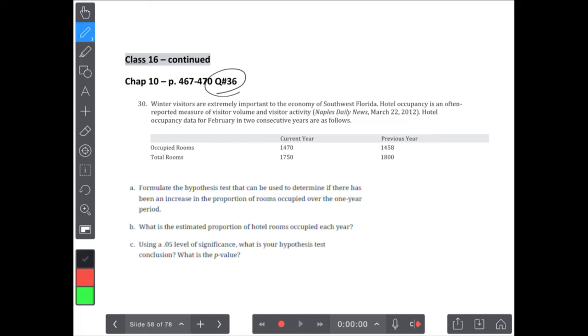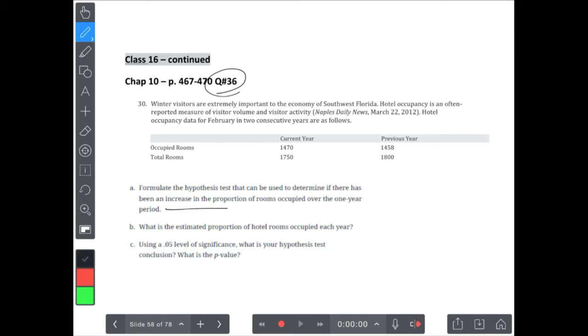So formulate the hypothesis that can be used to determine if there has been an increase. Now notice that's a very important term. If there has been an increase in the proportion of rooms occupied over the 1-year period. What is the estimated proportion of hotel rooms occupied each year? And then using a 5% level of significance, what is your hypothesis test conclusion?